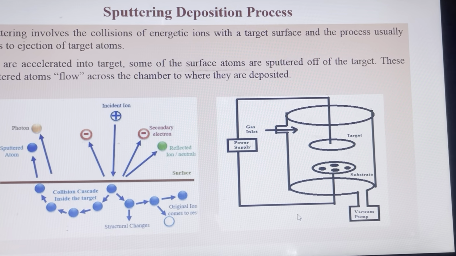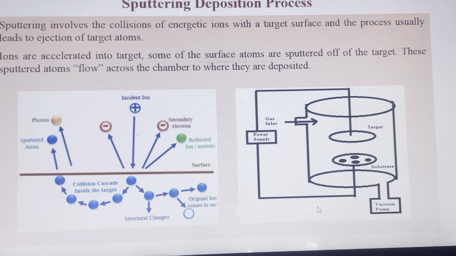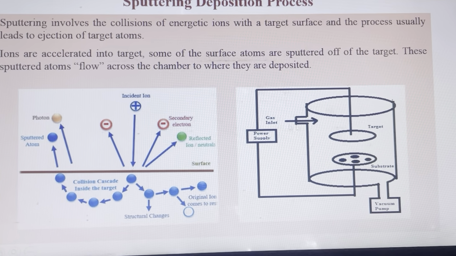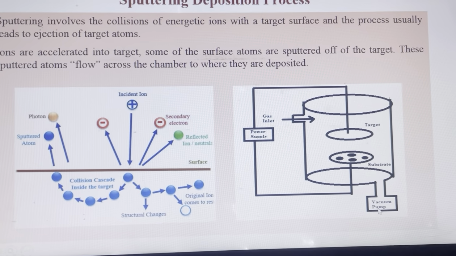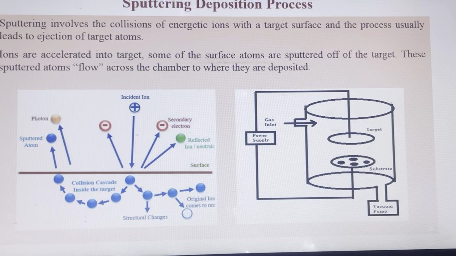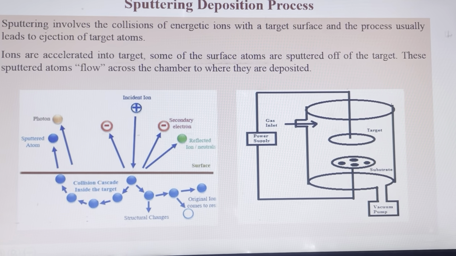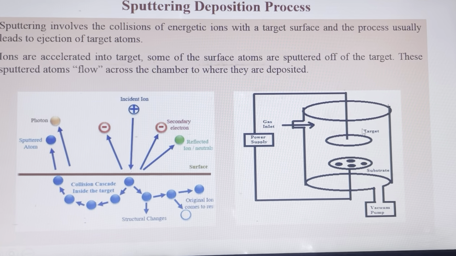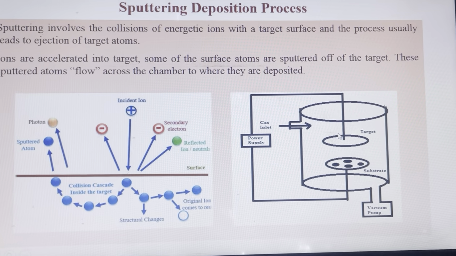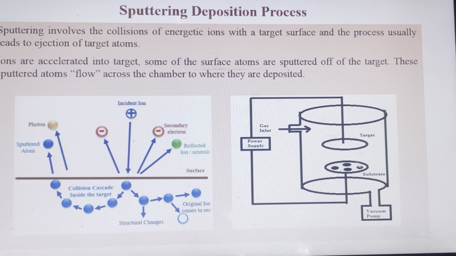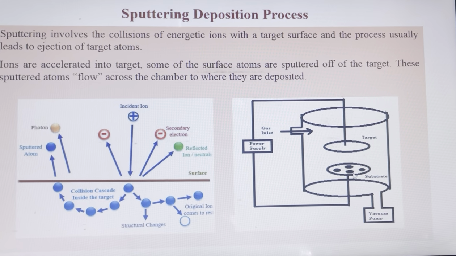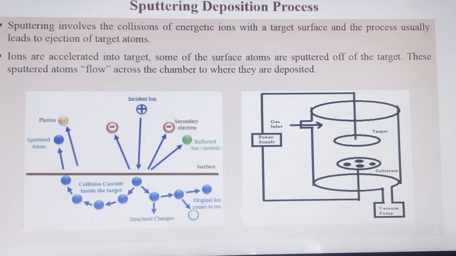And this is the schematic diagram for the sputtering deposition process, where this is the power supply, this is the gas inlet, and this is the vacuum pump, from which we evacuate this chamber. This is the target which we are going to deposit, and this is the substrate, that may be silicon, glass, PET, etc.